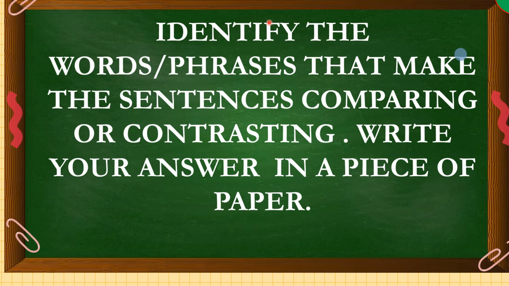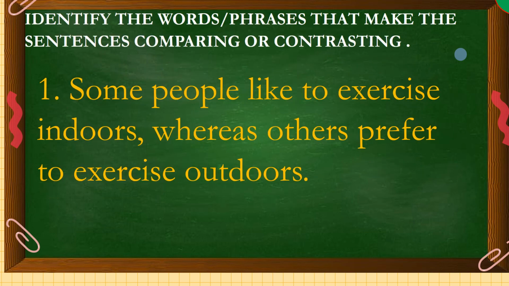Okay, try to answer this. You are going to identify the words or phrases that make the sentences comparing or contrasting. You're going to write your answer on a piece of paper. Let's start.